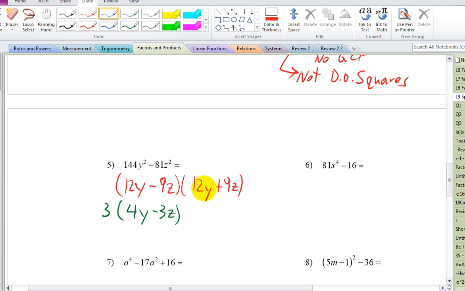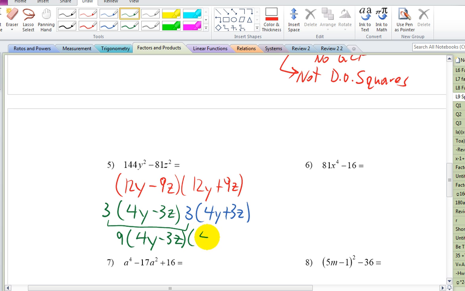What about the second one? You can take out a 3 as well. 4y plus 3z. So what we should do is multiply these two GCFs together. 9 times 4y minus 3z, 4y plus 3z. Now that's the long way. The short way is to divide by 9.